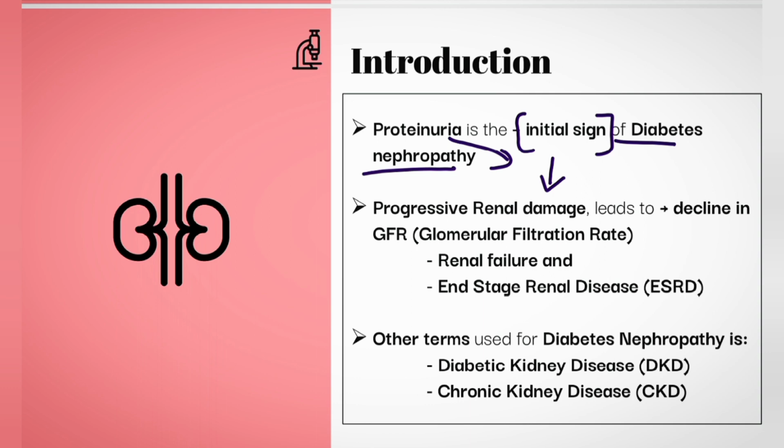Later on the patient progresses to progressive renal damage, which leads to a decline in the glomerular filtration rate, and this condition is known as renal failure and end stage renal disease. For diabetic nephropathy, there are some other terms like diabetic kidney disease or chronic kidney disease.